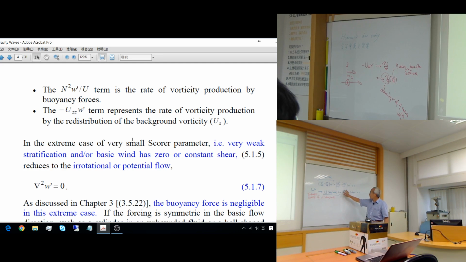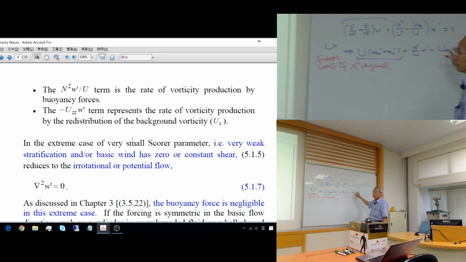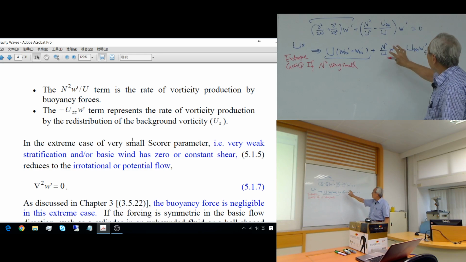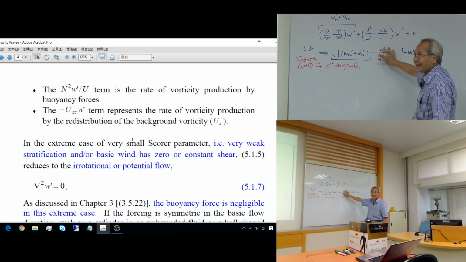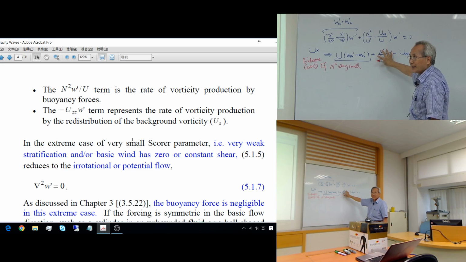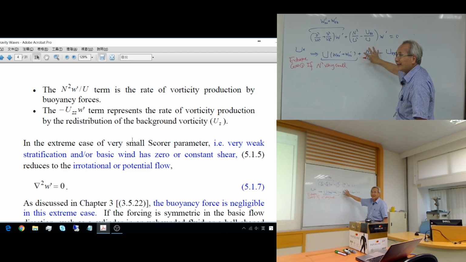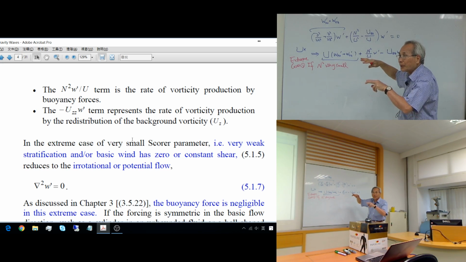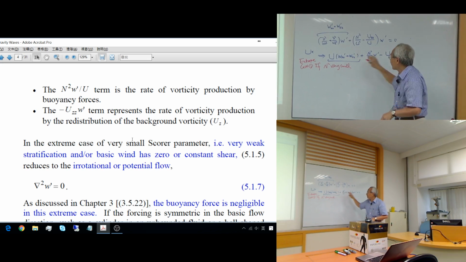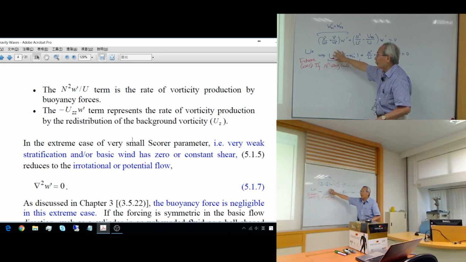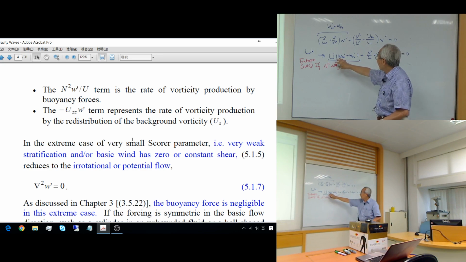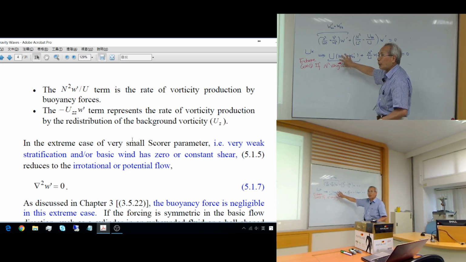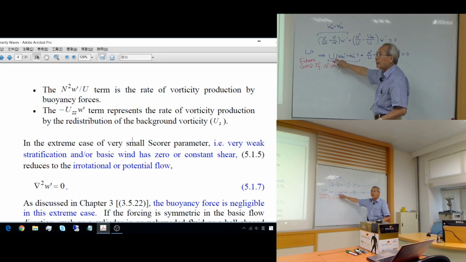That means this term is much smaller than these other two terms. That means the vorticity produced by buoyancy force is minimal, very small compared to other terms, because this is the total rate of change, or advection of the Y vorticity by U wind.